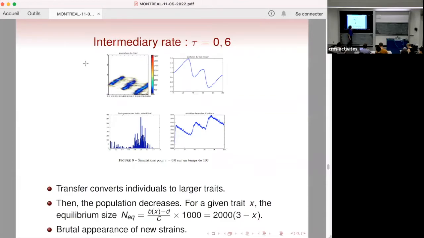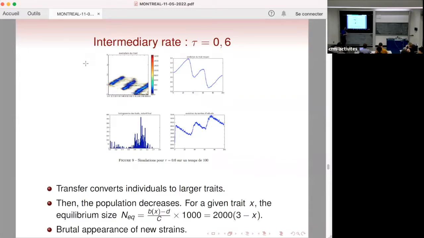Okay, and it's decreasing until this, but you see that when you arrive here, when the trait is large, since the growth rate, especially the birth rate, is very small, you don't produce a lot of individuals.